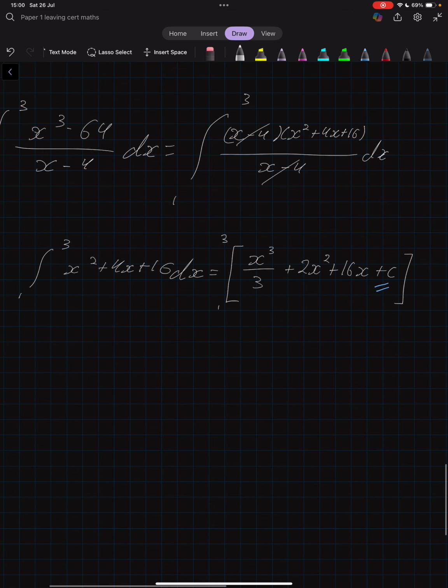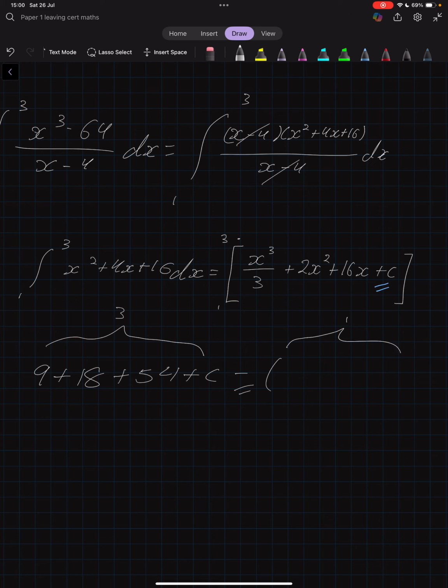So what you do is you plug in 3 first. So if I plug in 3 first, I get 3 cubed, which is 27, divided by 3, that's 9. Plus 3 squared is 9 times 2 is 18. Plus 16 times 3, that's just going to be 54. Plus c. So this is when you plug in 3. You minus now, and now you plug in 1. So if I plug in 1, I'm going to get a third, plus 2, plus 16, plus c.